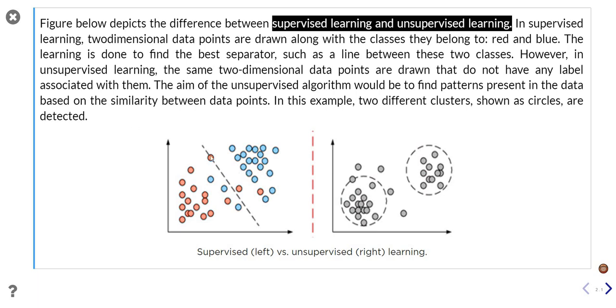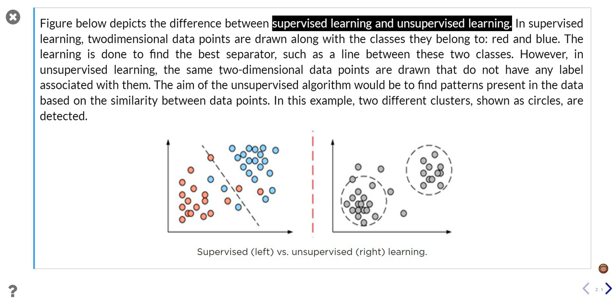So the learning model is to find the line that separates these two classes the best. So under supervised, you try to find the model that is able to do this kind of classification. But in unsupervised learning, we know it as clustering.